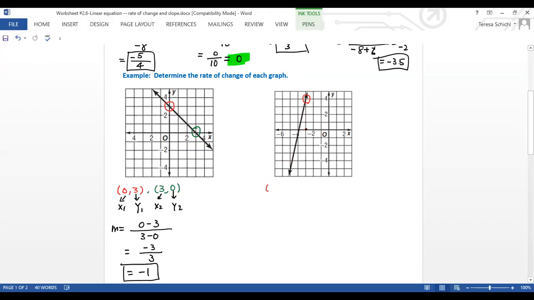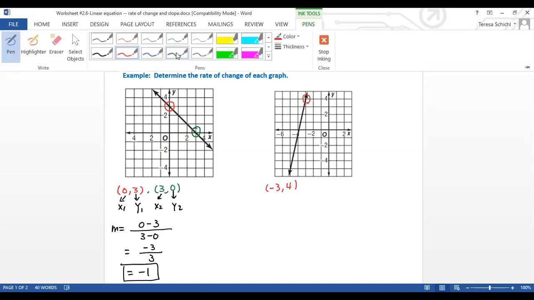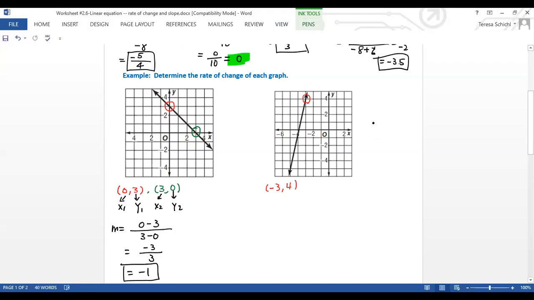So it's -3 and 4. So be very careful. Okay, now let's take a look at my green point. Remember, I want to find one exactly at the intersection of the coordinates. So this one is not exact. I think this is the exact point, right?